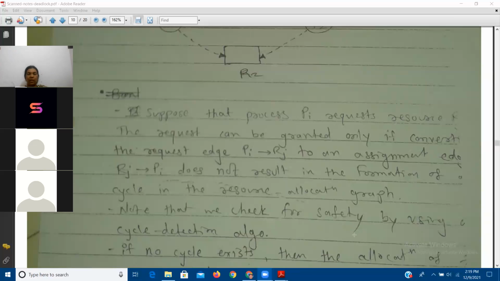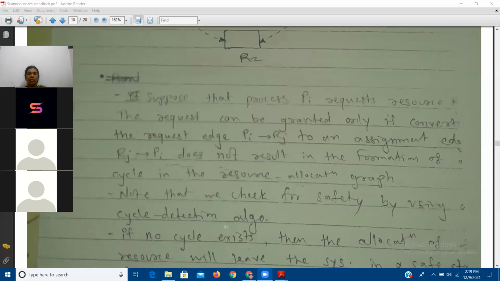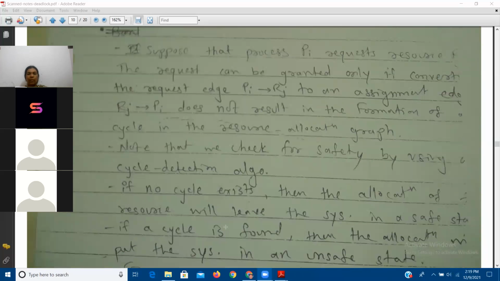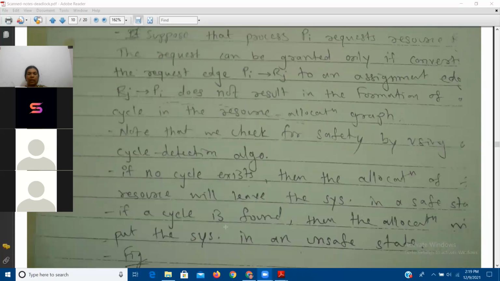So if we assign resource R2 to P1, it will not form a cycle. And if no cycle exists, there will not be a deadlock. The system will be in the safe state. If a cycle is found, then the system is going into the unsafe state.